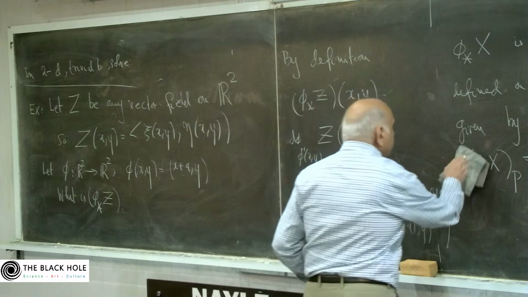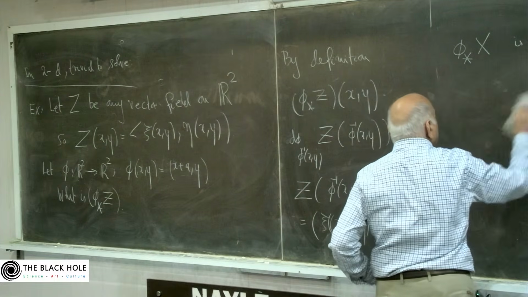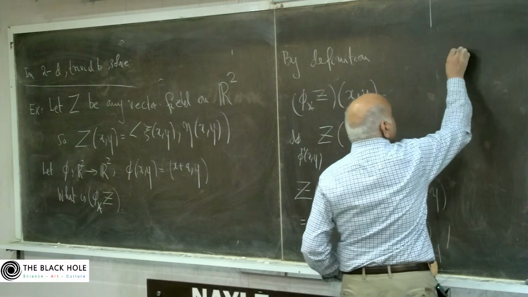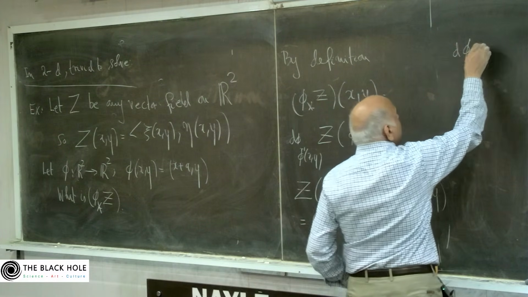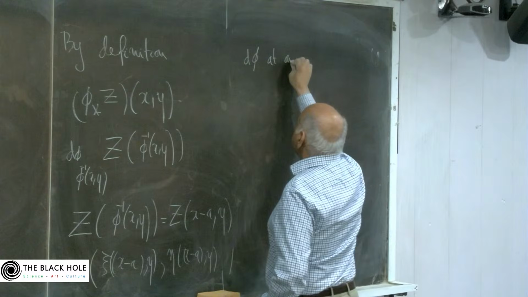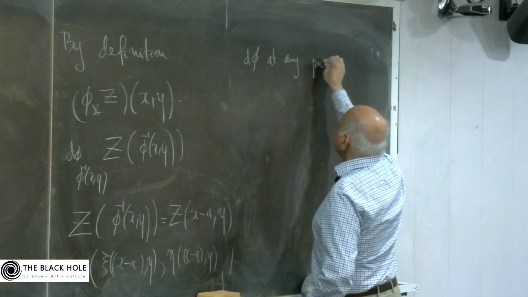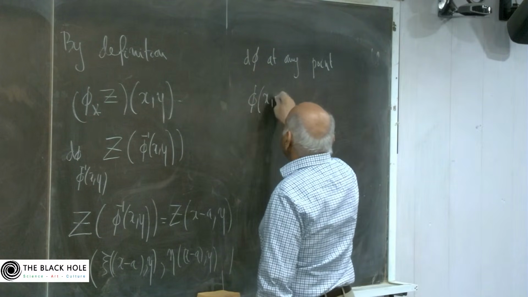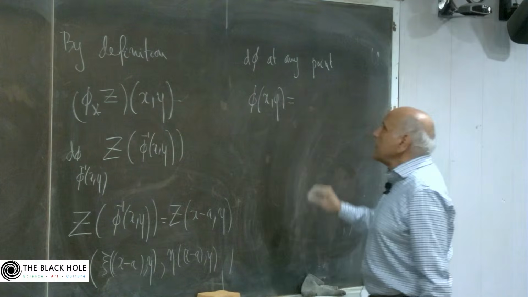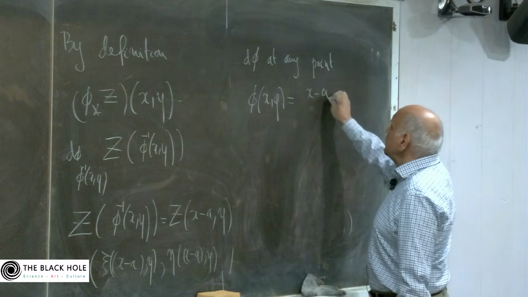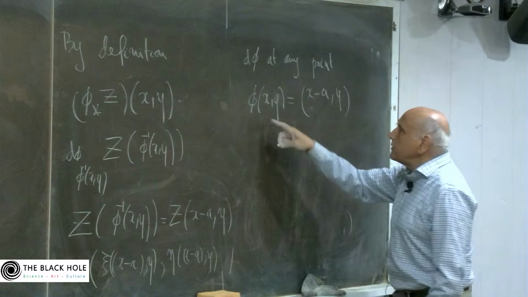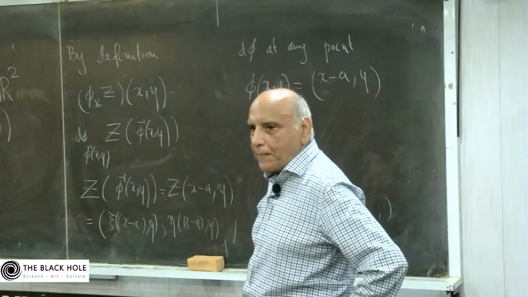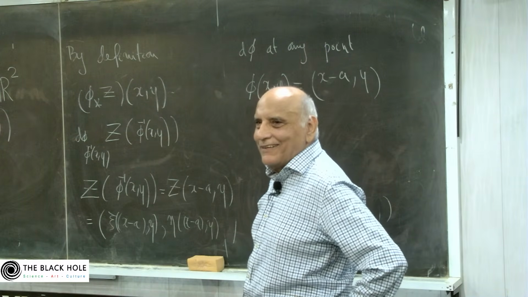Now let's compute the differential of phi at any point. So what is phi of (x,y)? What is its Jacobian?